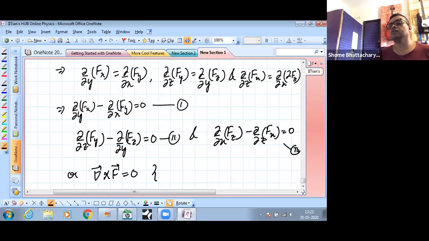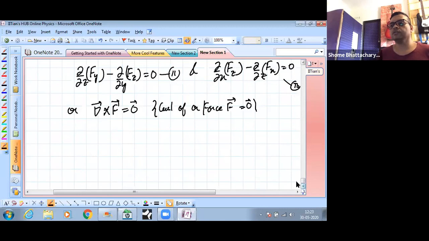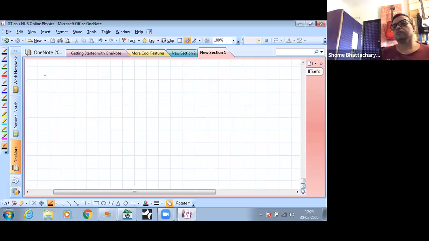this is called curl of a force. This should be 0. Okay. So how to calculate curl of a given force? Just calculate this as a matrix, but the matrix has operator inside it.